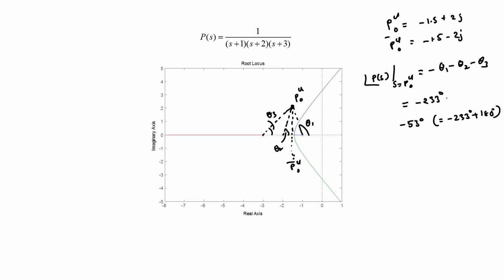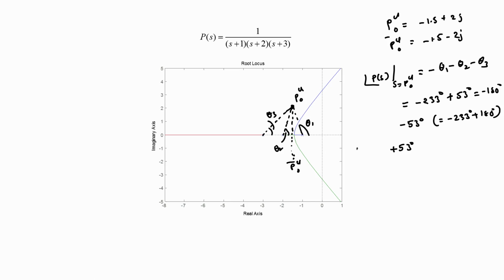So, if I were to add plus 53 degrees here somehow, then I would have minus 233 plus 53 equal to minus 180 degrees, and I would be able to get the root locus to pass through the point PCL naught. Now, we need to choose a controller that provides to us a phase lead of plus 53 degrees at the point PCL naught.